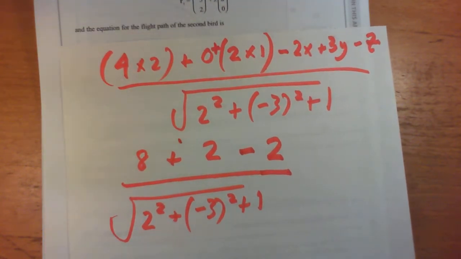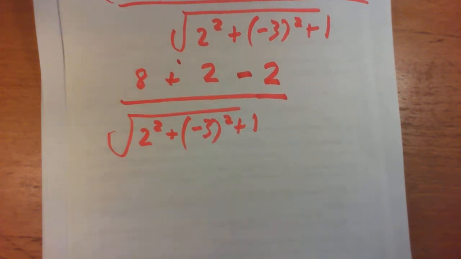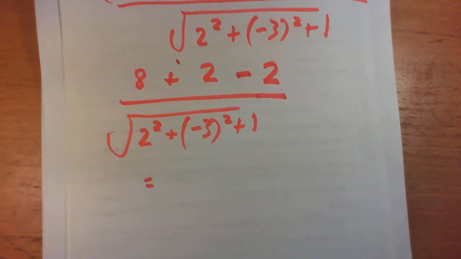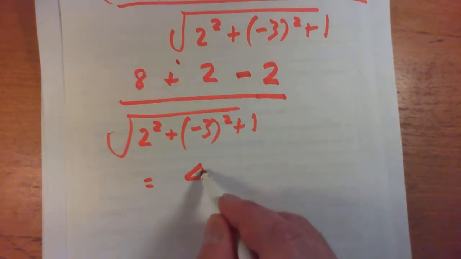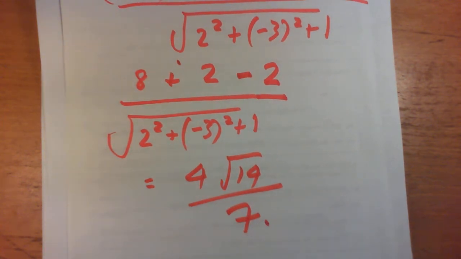Hopefully that's right this time. If not, you'll no doubt be able to pull me up on that. And the actual answer to that, for what it's worth, is 414 over root 7.